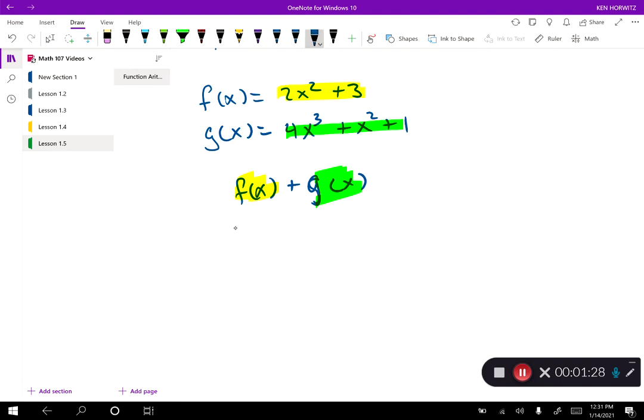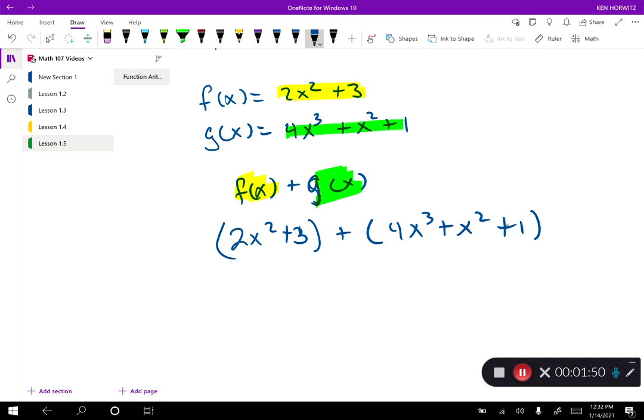So I'm going to rewrite this as, and they're both quantities, so you can put them in parentheses if you need to. It might be helpful. 2x squared plus 3 plus 4x cubed plus x squared plus 1.